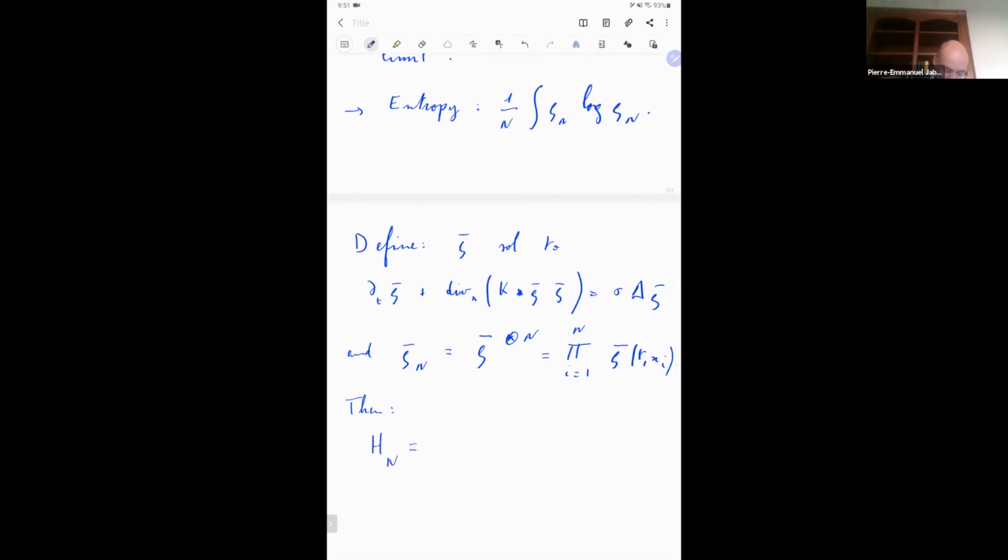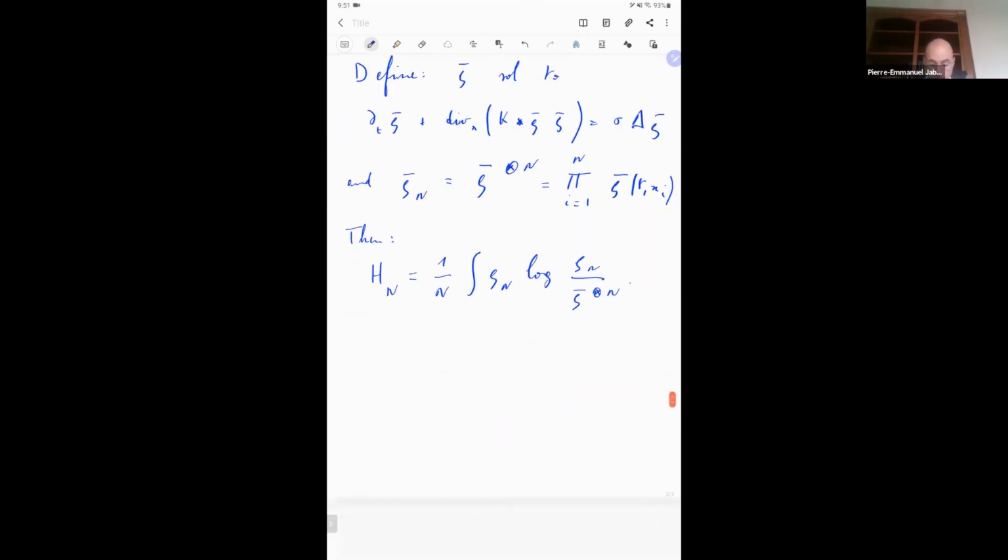And then I can define my relative entropy between rho n and this rho bar n, something like this. And now this is a very nice object that has nice properties that allow us to compare easily.